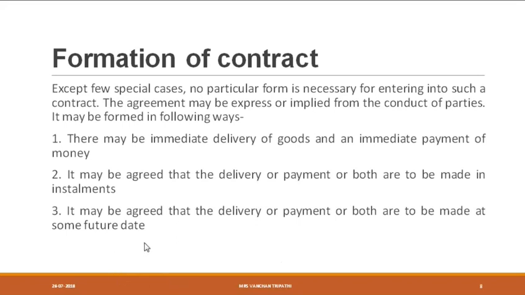If both parties agree that the delivery of goods or payment of money or both are to be made at some future date, that means the delivery of goods would be on a future date, or the payment may be made by the buyer to the seller on a future date, or both delivery of goods and payment of money will be done on a future date. So again, this is the third way to make a valid contract of sale of goods.